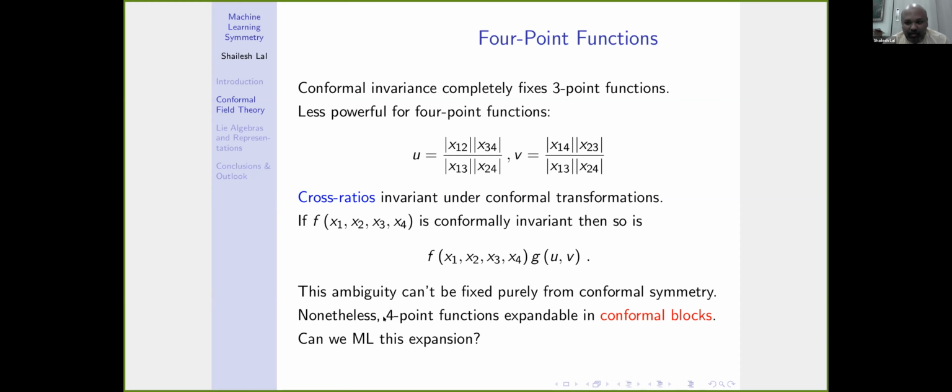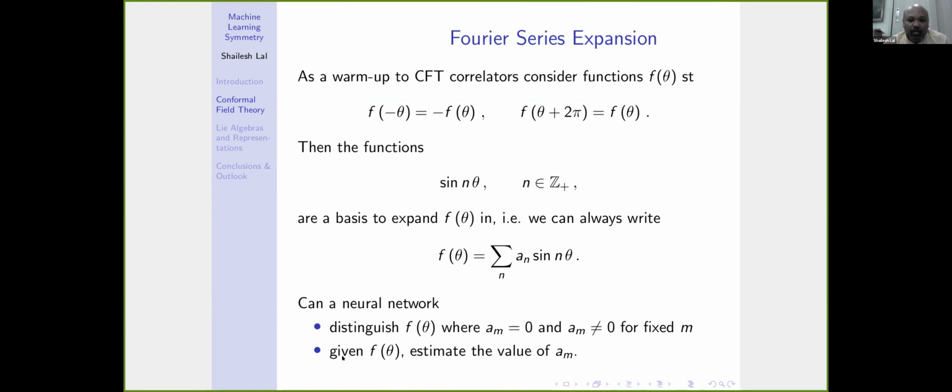Nonetheless, there is a constraint on 4-point functions: they are expandable in a basis called conformal blocks. And the question is, can we machine learn this expansion? What do I mean by that? I'm going to give you an example with the Fourier series, which is much better known than the conformal block expansion.